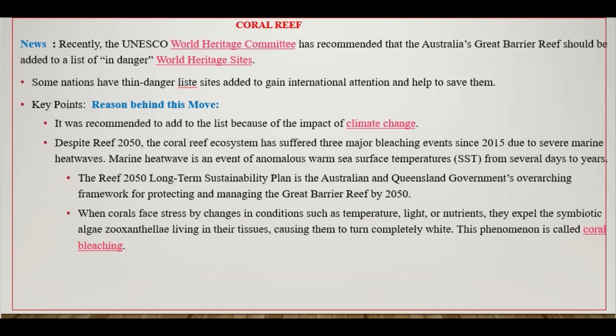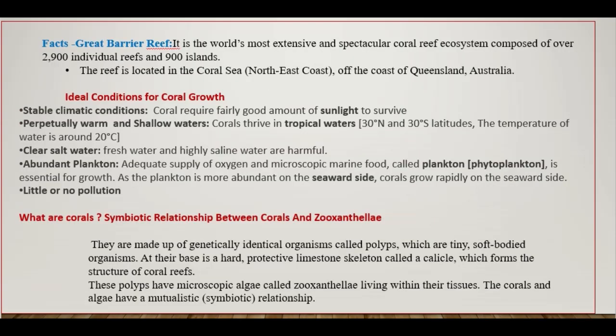So what is this coral? How is it formed? Corals are a kind of shallow water organisms called polyps, which, with the help of zooxanthellae, that is an algae, form up coral tissues, and the algae helps photosynthesis.